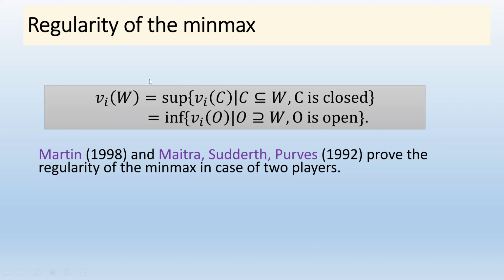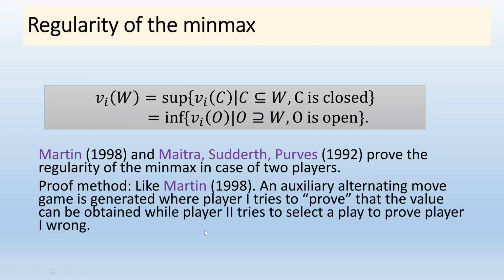So similar attributes work for the min-max. Again, as Eran mentioned yesterday, Martin in 98 and Mitra, Sadet, and Perves in 92 proved the regularity of the min-max in the case of 2 players. We generalize it to more than 2 players. The proof method is similar to Martin and similar in other aspects to Mitra, Sadet, and Perves. We use auxiliary alternating move games where player 1, you saw this method already, tries to prove that a value can be obtained.